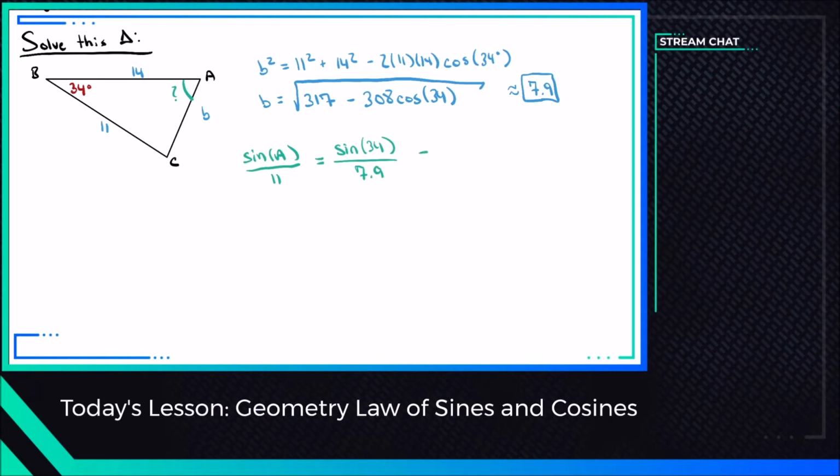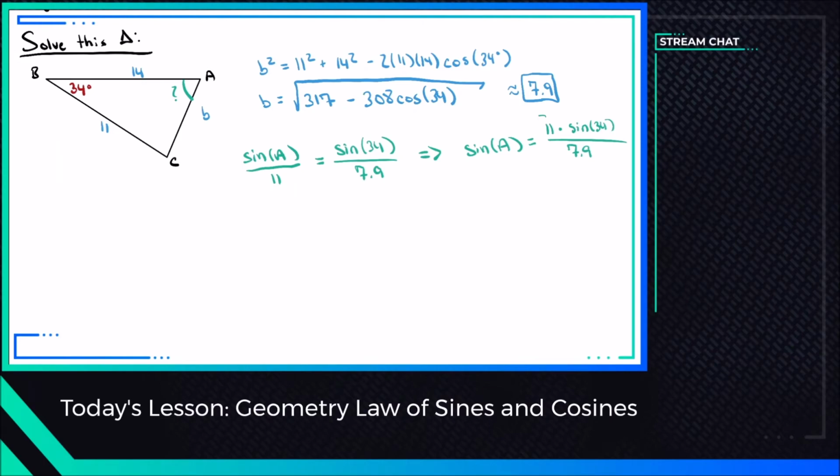And so the sine of A is going to be equal to 11 multiplied by the sine of 34 divided by 7.9. All I did was multiply that 11 across the equation.